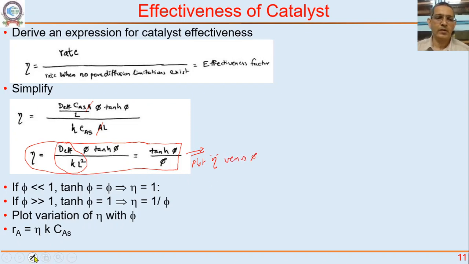Okay. So now the rate we can easily write. Rate would be effectiveness factor multiplied by k C_AS from here. See, that's the advantage of defining the effectiveness factor. Rate would be eta multiplied by k C_AS. Of course, now this is per unit volume, per unit catalyst volume.